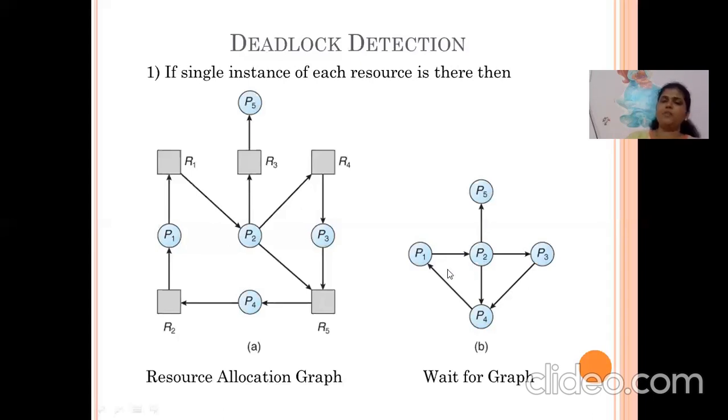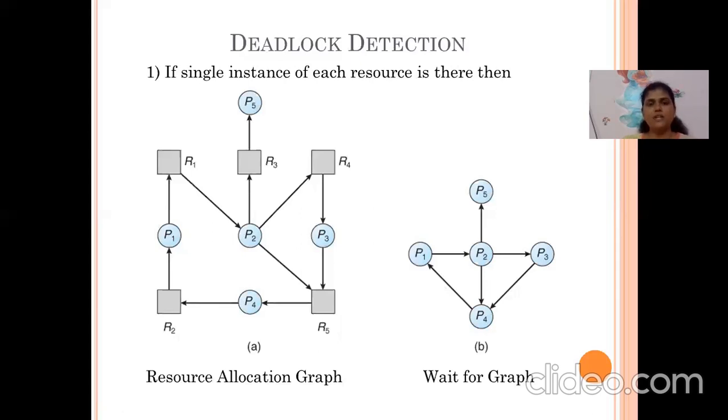We will check P1, P2, P3, and P4. They are also forming another cycle. That means this is another cycle in which the processes go into deadlock. So we will break this cycle by stopping the execution of any one of the processes in that cycle, and we can allow the rest of the processes to execute properly.